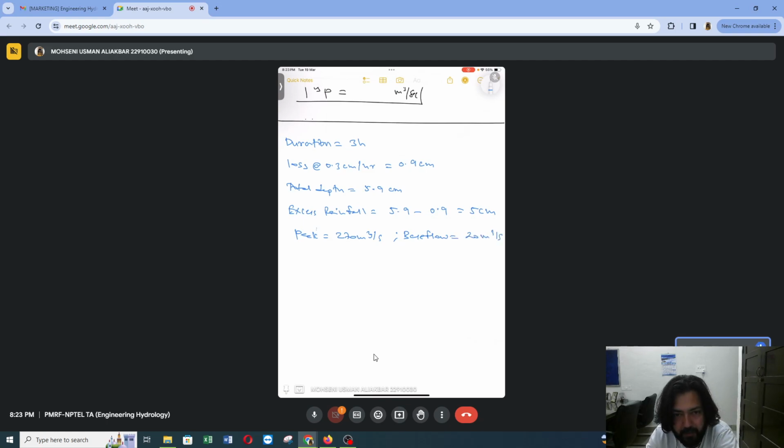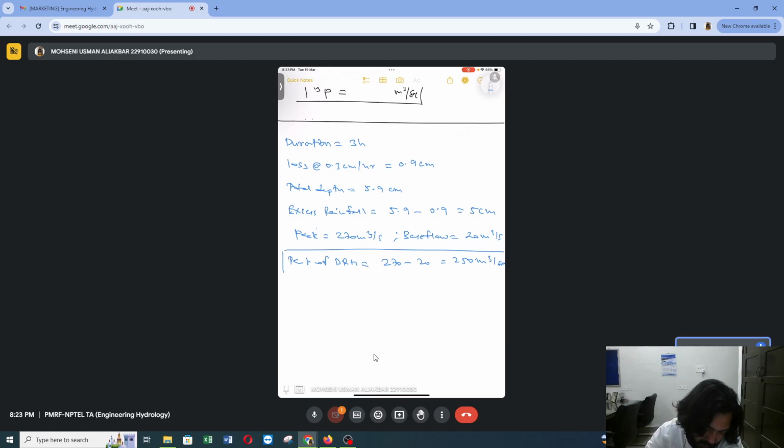So if we separate the base flow from the storm hydrograph, we get the direct runoff hydrograph. So the peak of DRH would be 270 minus 20, which is 250 meter cube per second.